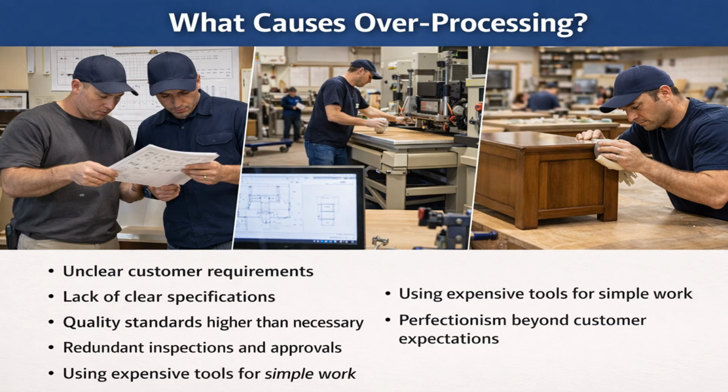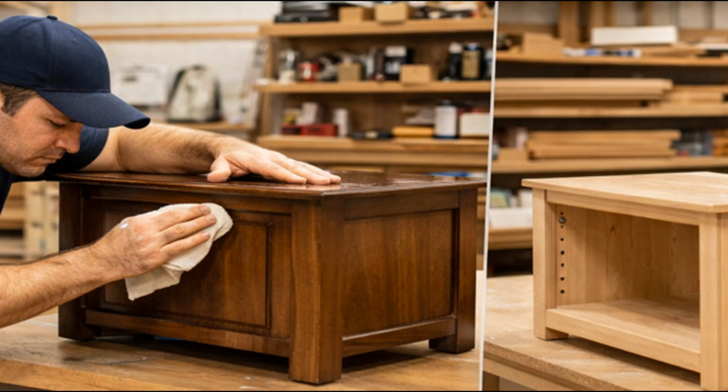Some common causes of overprocessing include misunderstanding customer requirements, lack of clear specifications, overly strict quality standards beyond what is required, redundant inspections or approvals, using expensive equipment for simple tasks. OCPD, or obsessive-compulsive personality disorder, can also cause overprocessing. This is where a person has a condition marked by an extensive preoccupation with perfectionism, organization, and control.